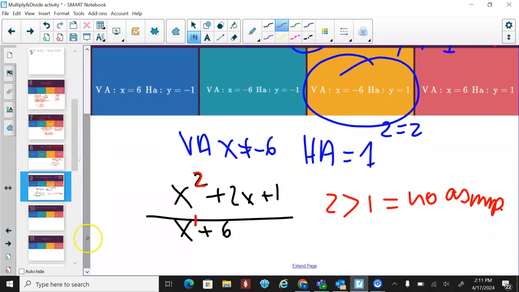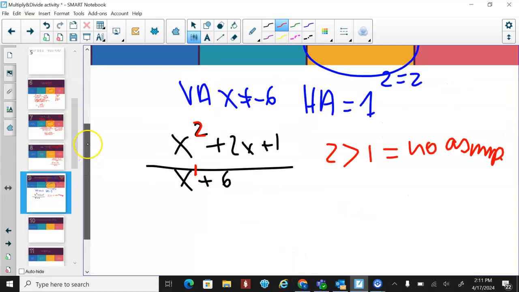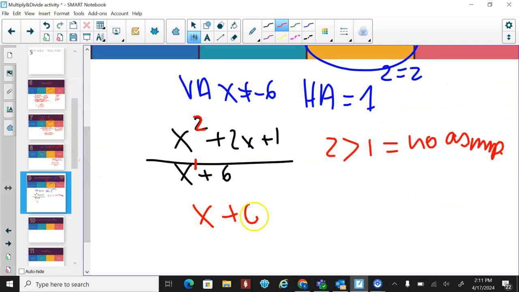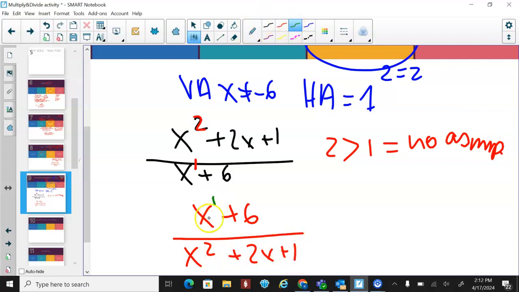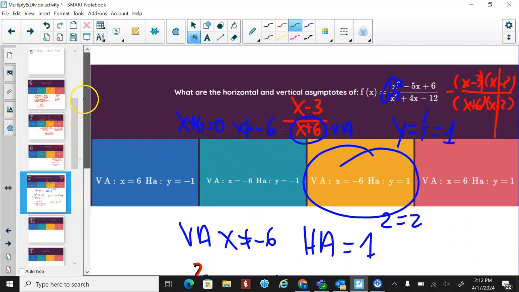Now, if it's backwards, let's just say there's 1x on the top and 2 x's on the bottom, then there's less x's on the top than on the bottom, so 1 is less than 2, and my asymptote will always be 0, okay? But if they are equal to each other, like right here, then we take the numbers in the front, the coefficients, all right?